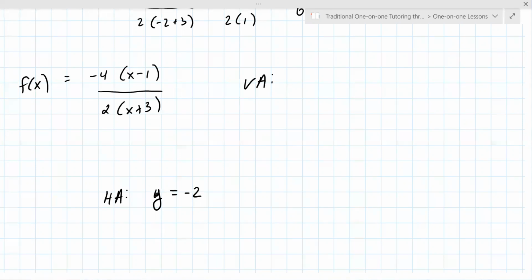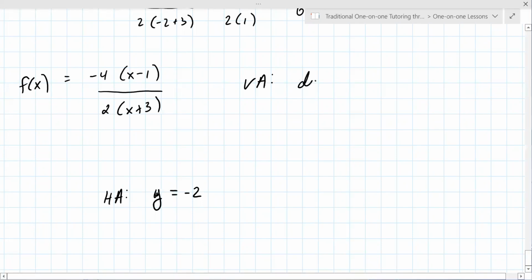I'm completely blanking. Okay, set the denominator equal to 0. Oh, right.